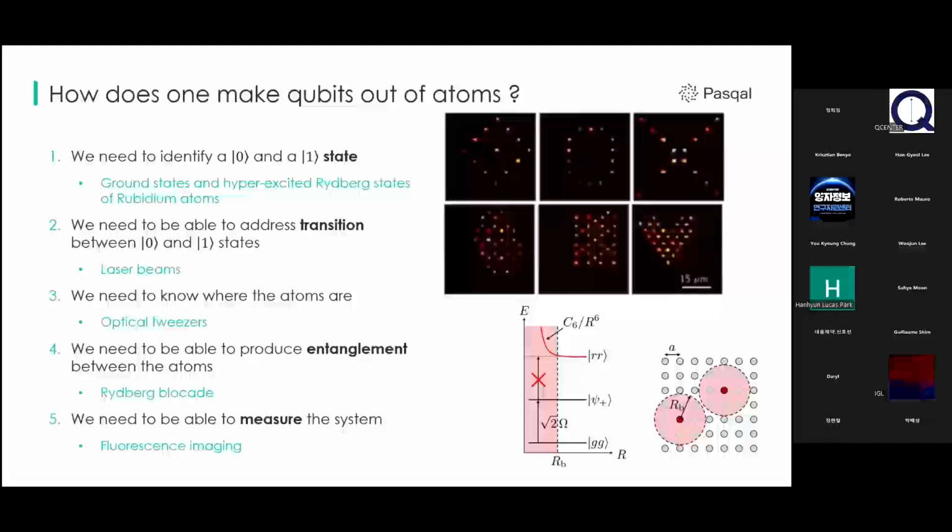So if two atoms try to enter the hyperexcited state at the same time, one of them needs to move into a lower energy state. Both of them cannot accommodate this high energy state, and this is referred to as the Rydberg blockade. This is the underlying principle behind how neutral atom systems carry out entanglement.